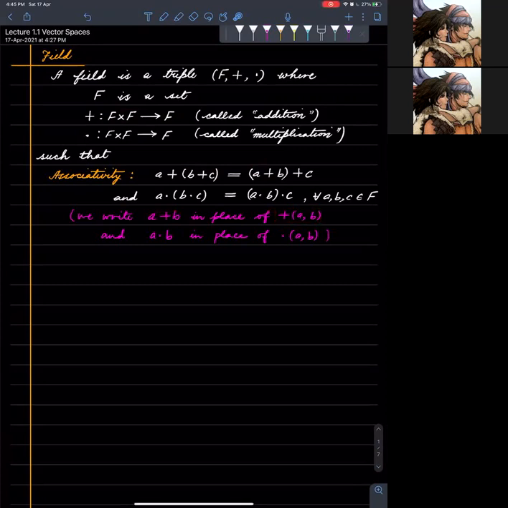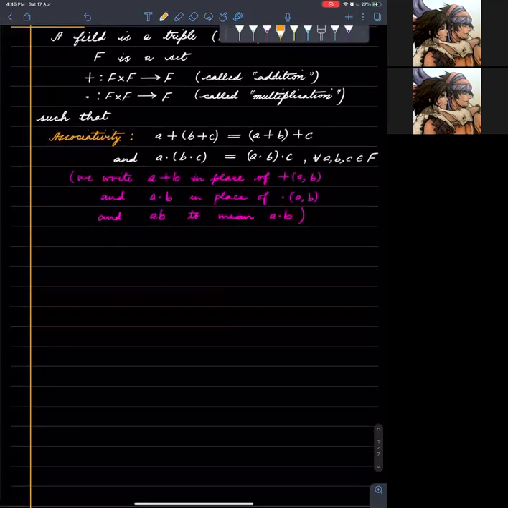In fact, we will not even write dot; we just write AB to mean A dot B. I hope that does not cause any confusion. But please do not confuse this plus with the usual plus you're familiar with, the addition in real numbers, or this multiplication with the multiplication in real numbers, rational numbers, or anything.